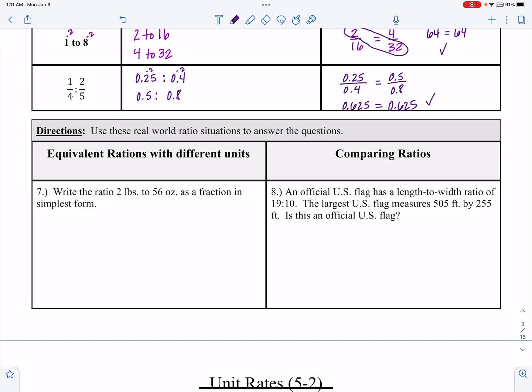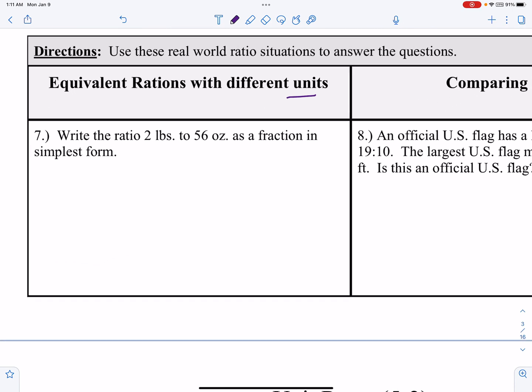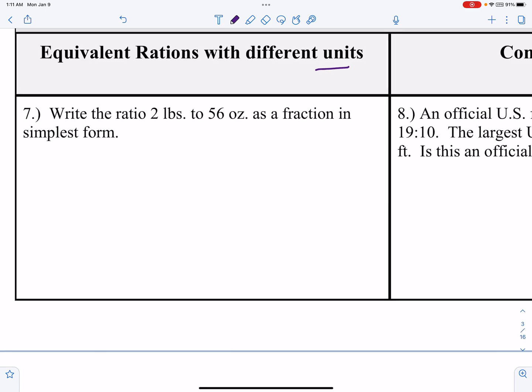All right, let's go ahead and look at equivalent ratios with different units. Sometimes you can leave the units different, and those are a rate. But if we want to write the ratio 2 pounds to 56 ounces as a fraction in simplest form, we can also look at how to make them the same units.